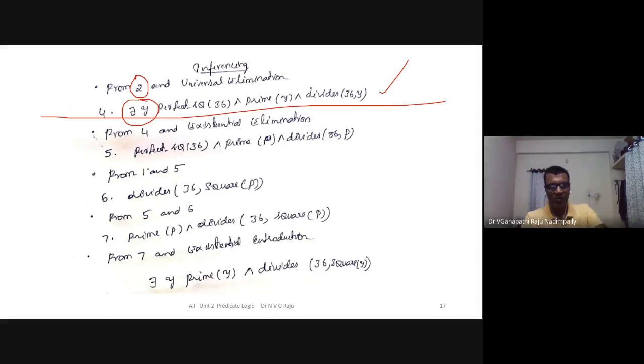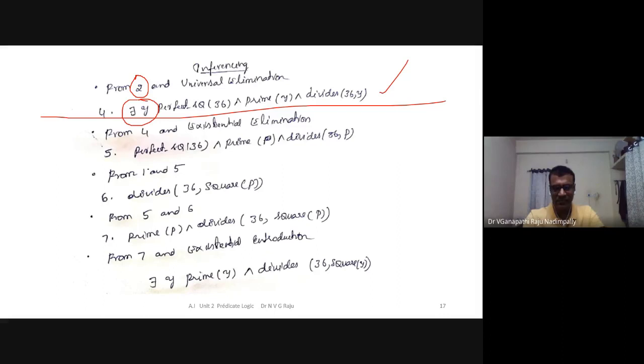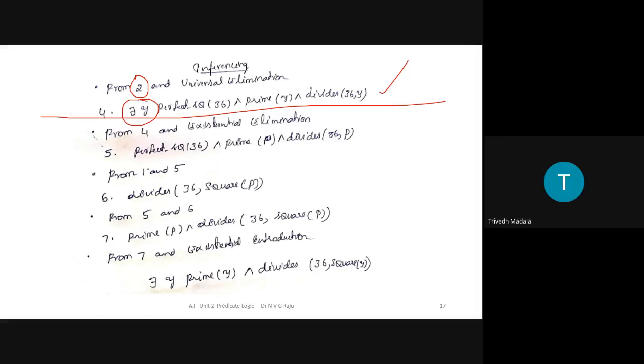Once it is okay, I wanted to ask one question. Shall I go? Yes, sir. Within this problem statement, do I have any knowledge of what prime number I am dealing with?